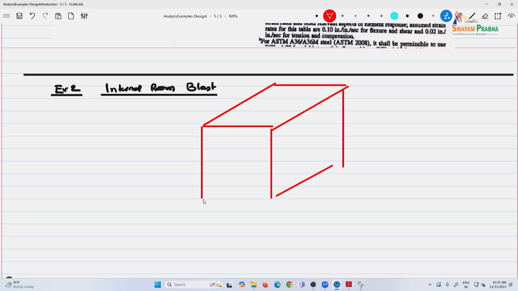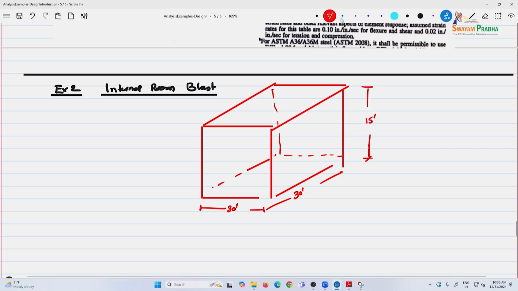Typically what type of explosive is likely to be used in an internal room? Hand carry, most likely. So this room has, say, dimensions of 30 feet, 30 feet and 15 feet, and it has an explosive right in the middle of 5 pounds.